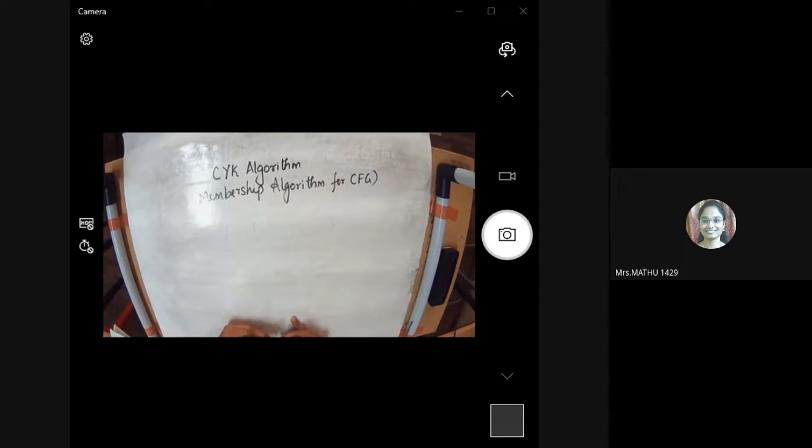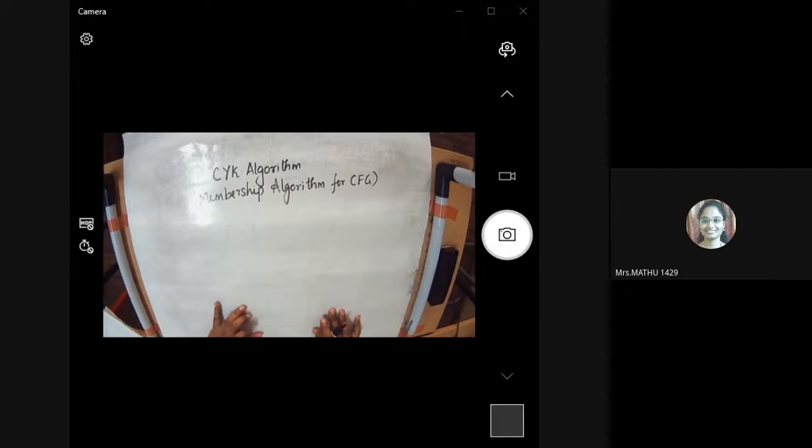Okay, so the next topic that we are going to discuss is the membership algorithm for the context-free grammar. This algorithm is called the CYK algorithm, deriving its name from the people who found this algorithm.